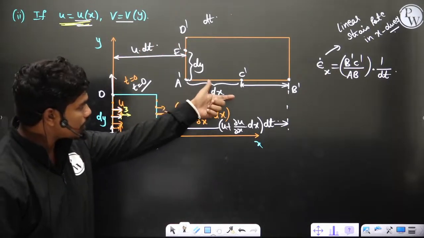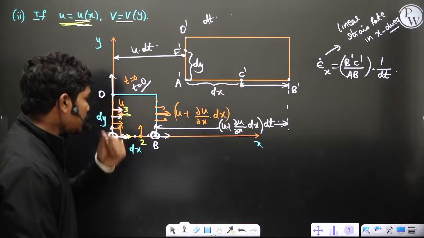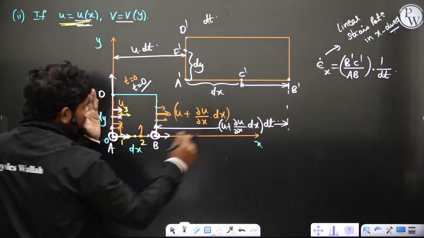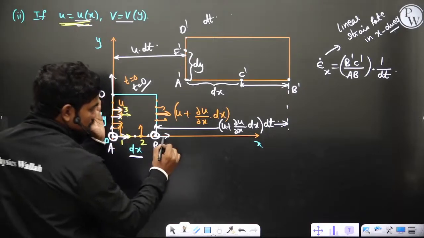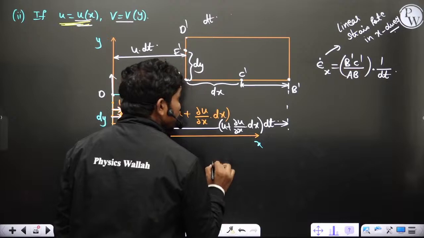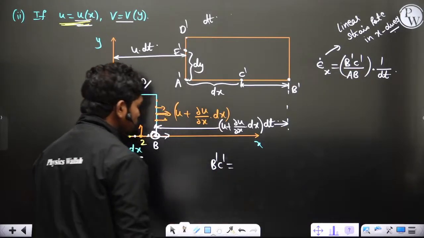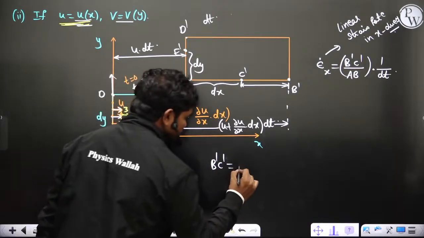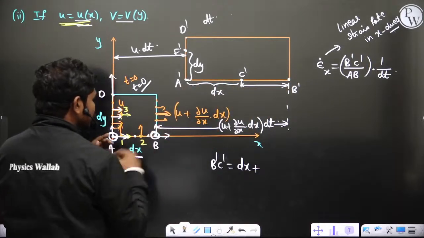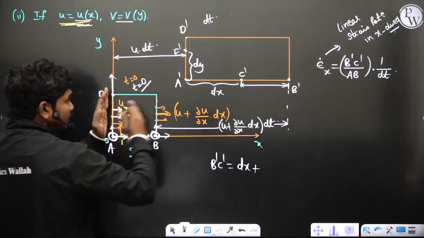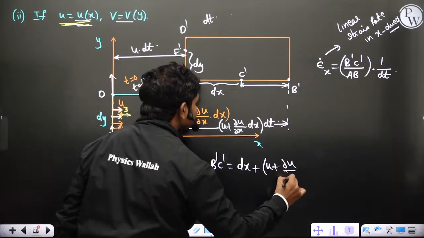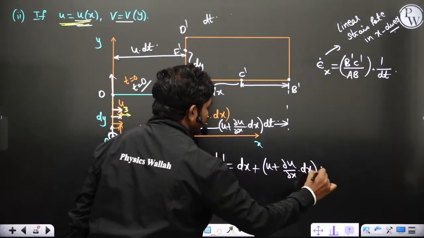Now if you want to calculate this B dash C dash, what is the total distance from this y axis to this point? This is dx plus the distance traveled by the right face. So this gives the total distance from the y axis to this edge, and that's dx plus u plus dou u by dou x into dx multiplied with dt.